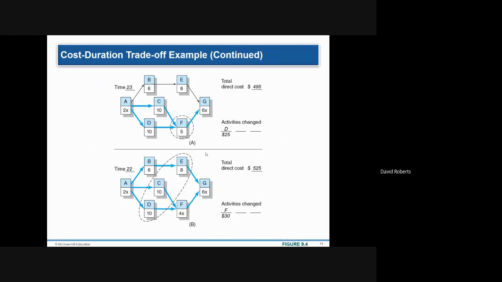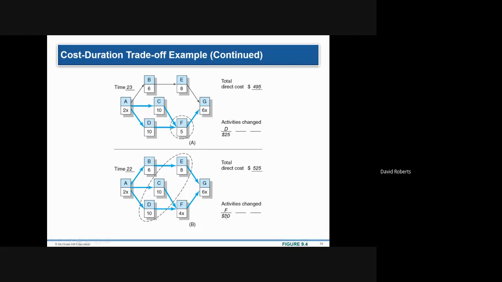Now you have to be careful to select items that are only on the critical path. And I'll go through some examples from the book that would perhaps make it more clear than some of these diagrams. But if you go from 23 days to 22 days, assuming these are in days, your costs go from 495 to 525.